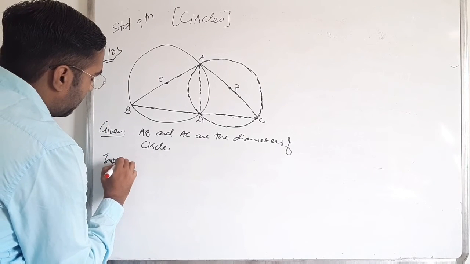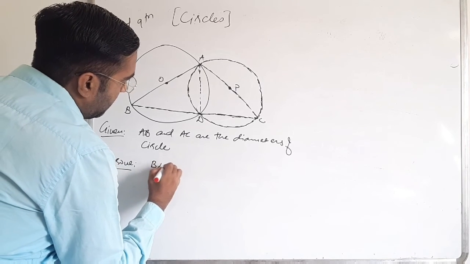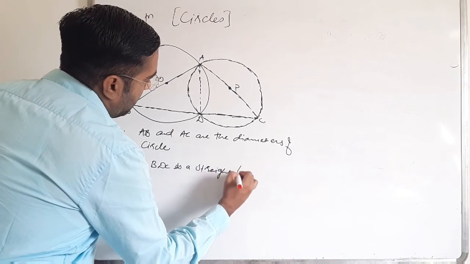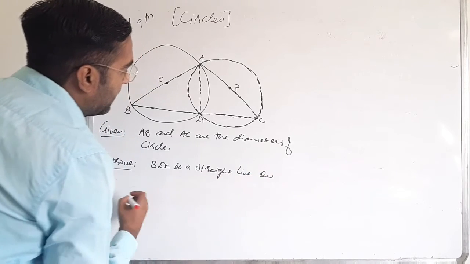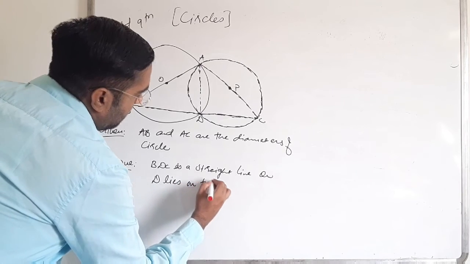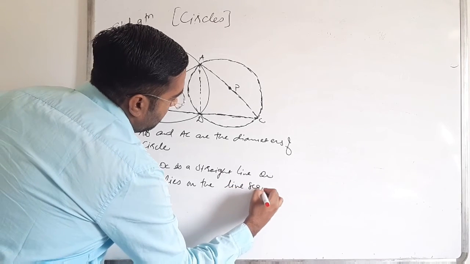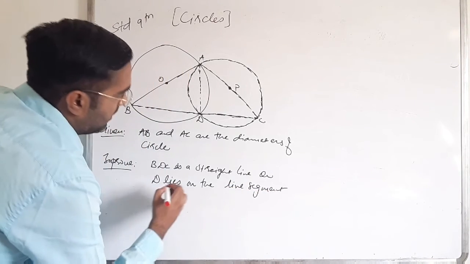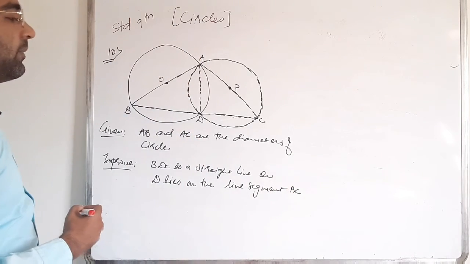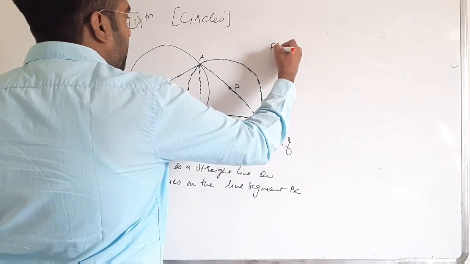We need to prove that BDC is a straight line, or we need to prove that D lies on the line segment BC. Clear that? So let's start with the proof.